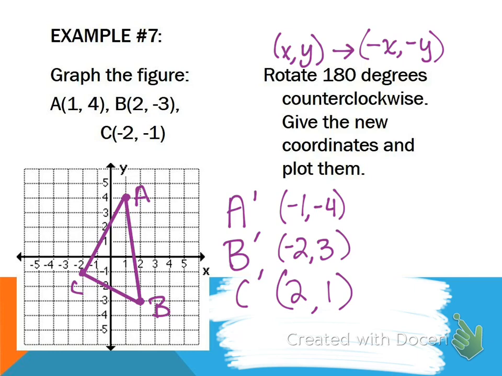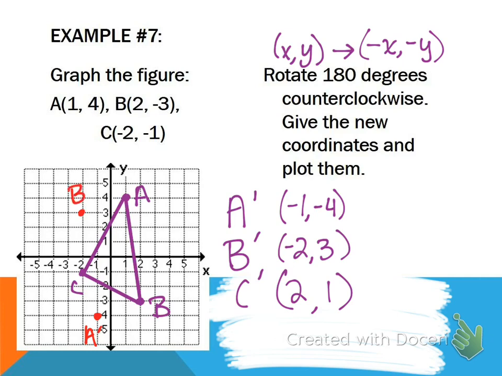Now, again, when we rotate 180 degrees either direction, we expect our figure to do what? Be upside down. Good. We expect that it would look like it's upside down. -1, -4. It's down here. A prime. -2, 3 is up here.